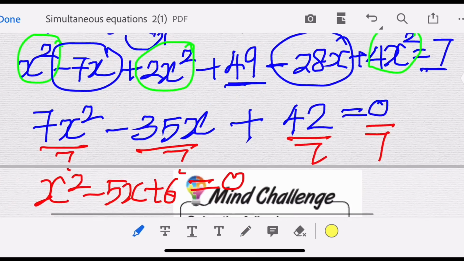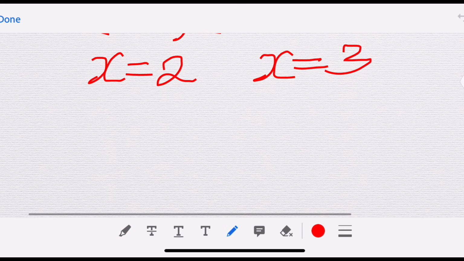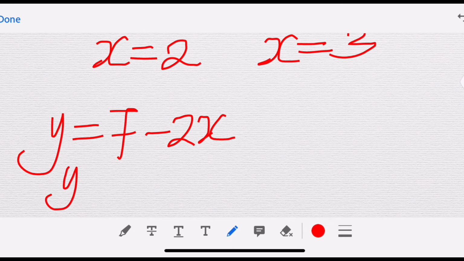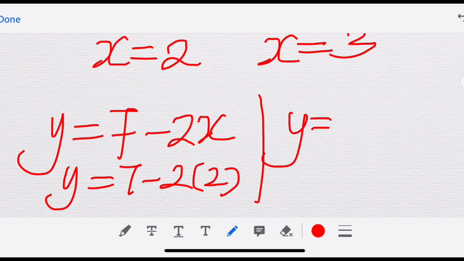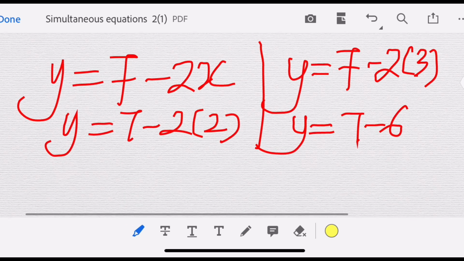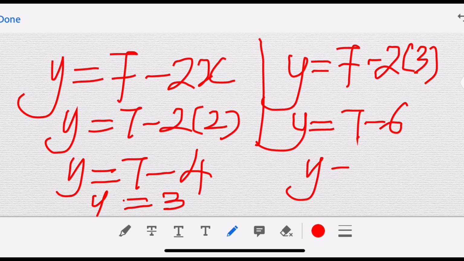So how to find the y? Where is our y? Go back, y is 7 minus 2x. So I'm going to solve my y when my x is 2. y is 7 minus 2 times 2, so y is 7 minus 4, so my y is 3. And y is 7 minus 2 times 3, so y is 7 minus 6, here is 1.